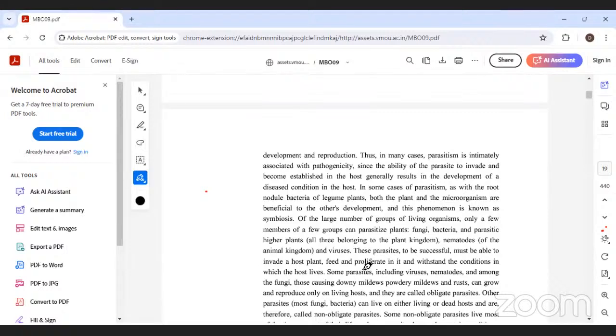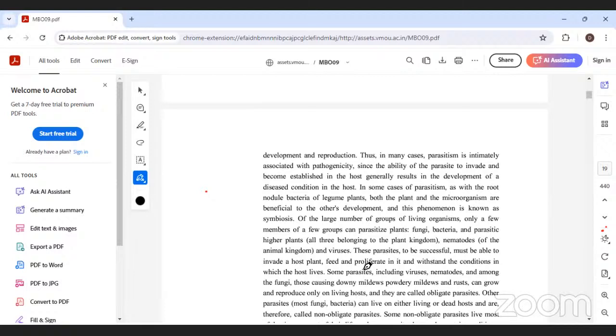Thus, in many cases parasitism is initially associated with pathogenesis, since the ability of parasites to become established in the host generally results in a diseased condition. In some cases parasitism is like the root nodules.